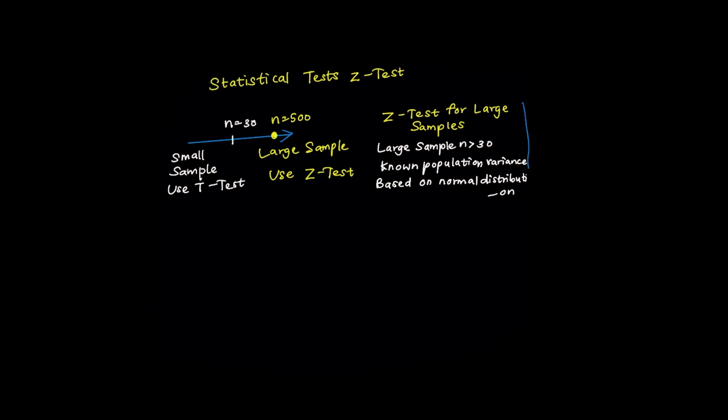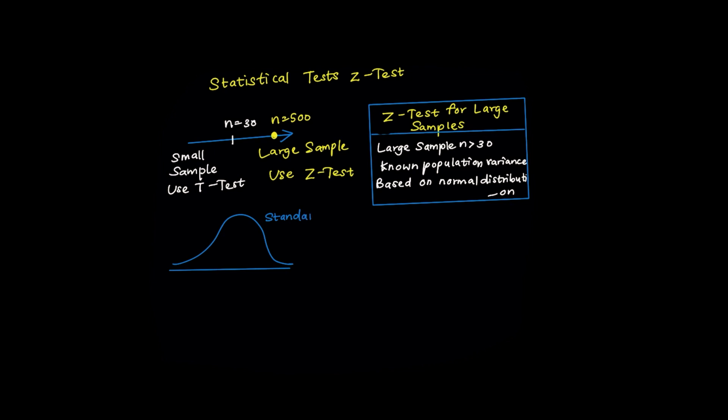The mathematical difference is that t-tests use the t-distribution, which has fatter tails to account for uncertainty from smaller samples, while z-tests use the standard normal distribution, because large samples give us more confidence. T-tests would be used for smaller samples, typically less than 30, where we have more uncertainty.